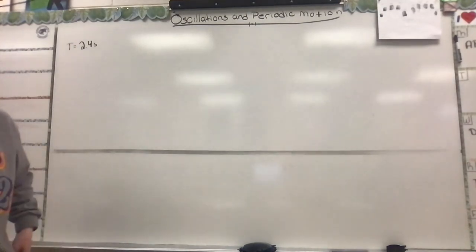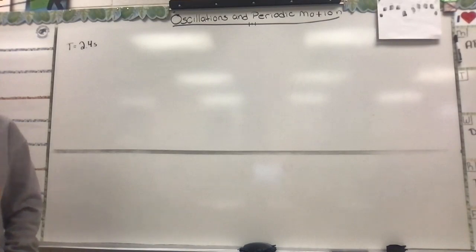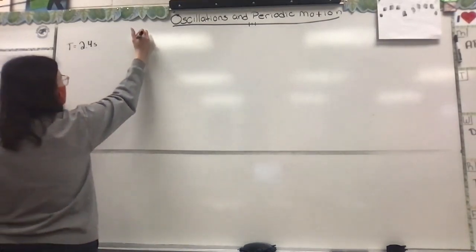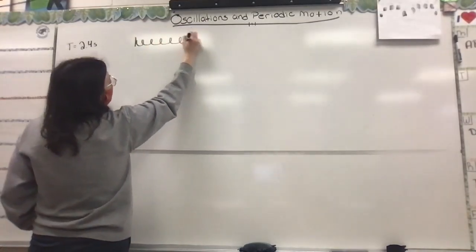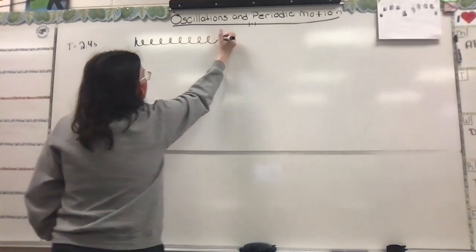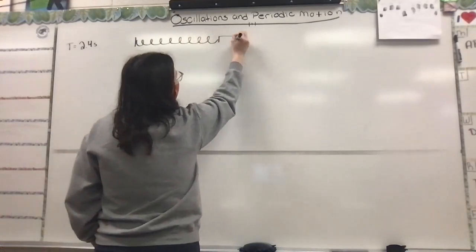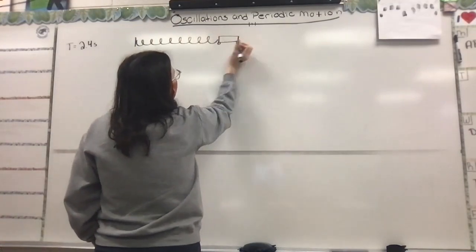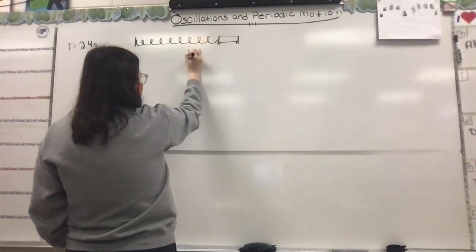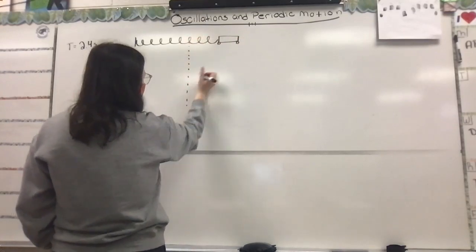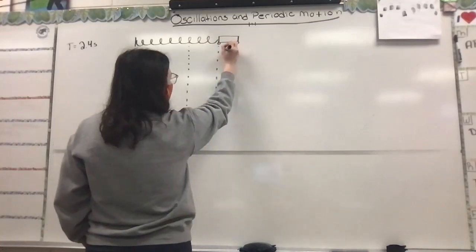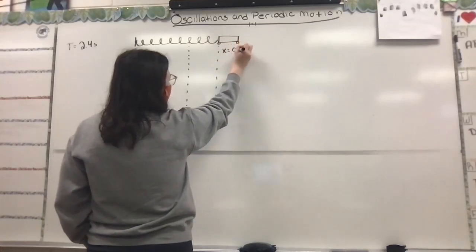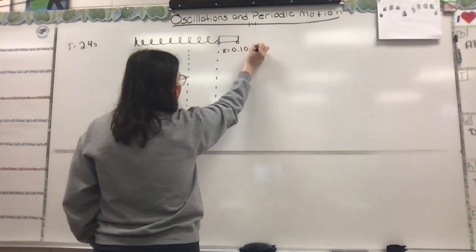At t equals 0 seconds, we're going to release the car from rest at a distance of 0.10 meters. So that means that we've got the cart, and it has little wheels because it's a cart. If this is equilibrium right here, the cart is getting released right here, where x equals 0.10 meters.